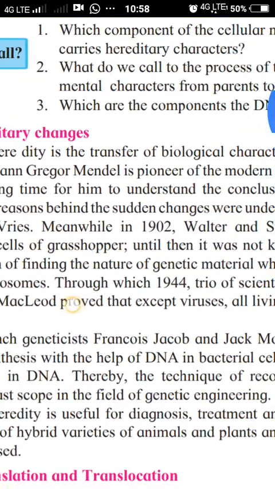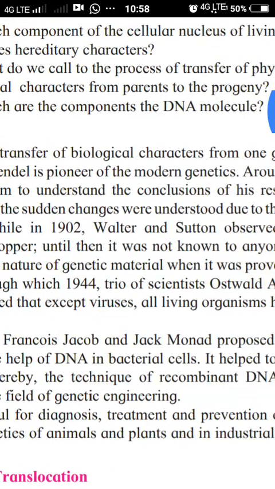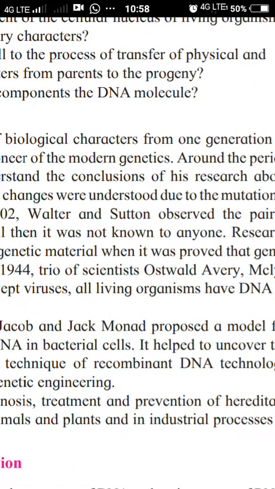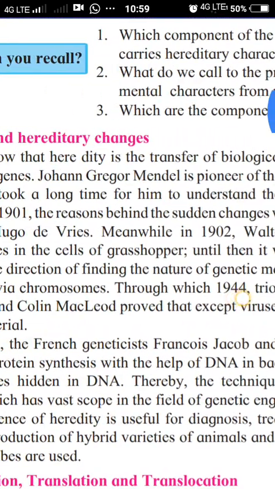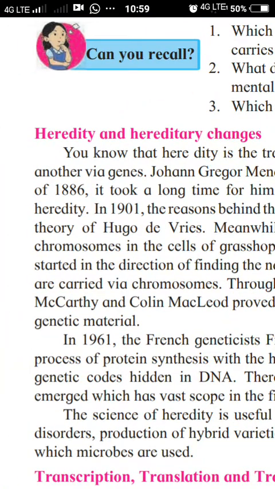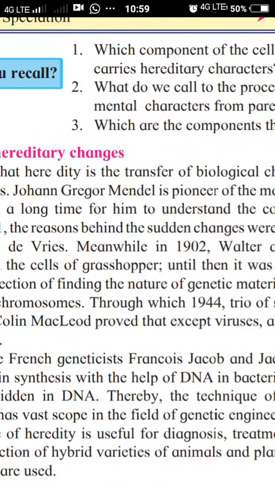Meanwhile in 1902, Walter Sutton. Here it is given as Walter and Sutton, but the correction we have received from the board shows that it is not Walter and Sutton but Walter Sutton. Walter Sutton observed the paired chromosomes in the cells of the grasshopper.